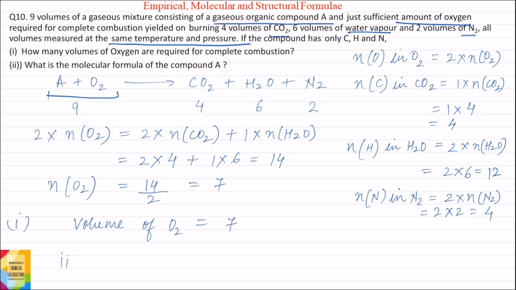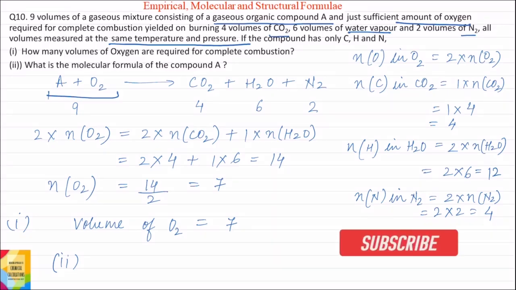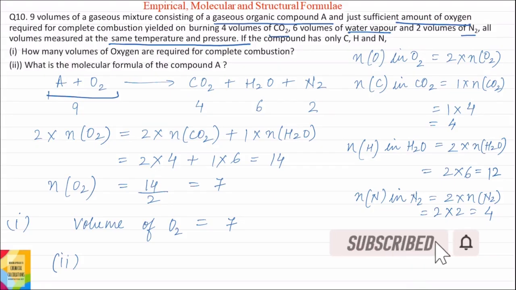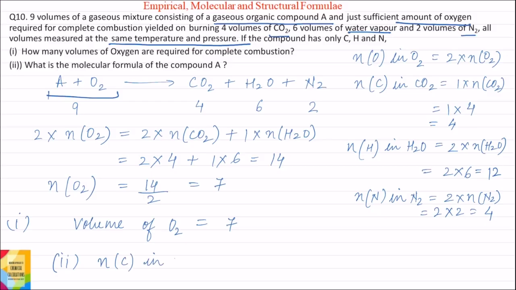Now in the second part of the question, what is the molecular formula of the compound A? Whatever carbon, hydrogen and nitrogen is in compound A, that got converted into carbon dioxide, H2O and nitrogen. So moles of carbon in A is equal to moles of carbon in carbon dioxide, which is equal to 4.